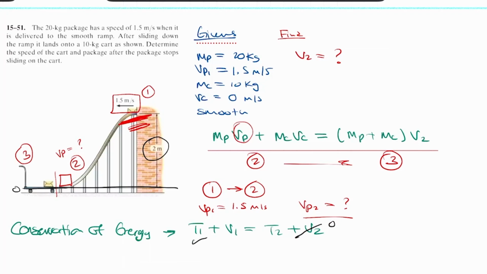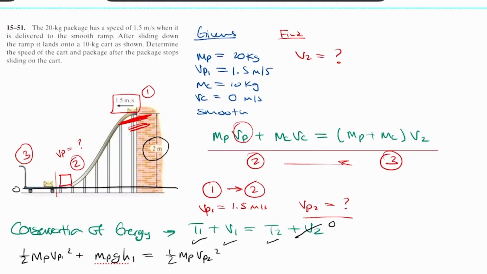We do know velocity 1. We know the height at 1. We're looking for velocity 2. So we can rearrange here and we'll have 1/2 mass of the package times velocity of the package 1 squared, plus mass of the package times gravity times the height at 1, which is 2 meters, and it's equal to 1/2 mass of the package times velocity of the package 2 squared.